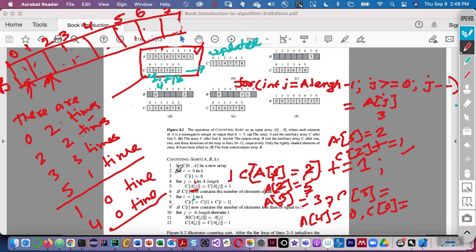So if you go with this code, let me explain this code. I will have length, and then I will have 1.